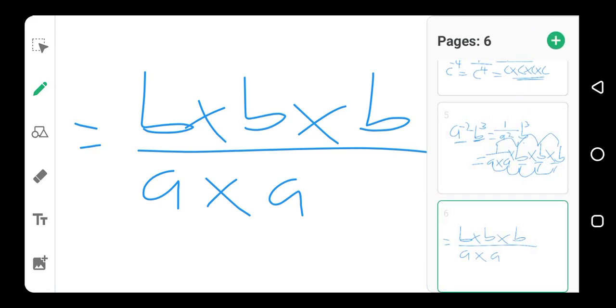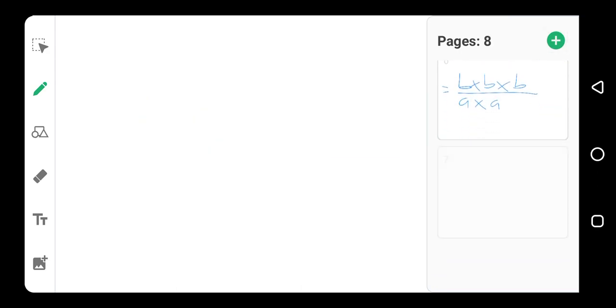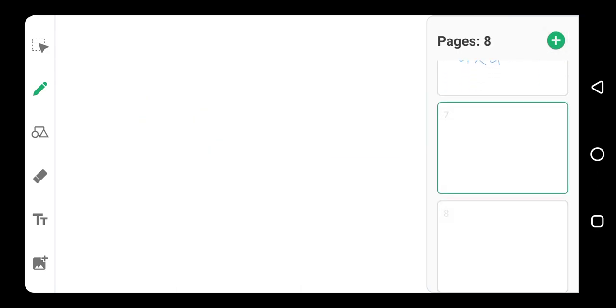Now let's look at another example. If we have d raised to power minus 3 times b raised to power minus 3, a raised to power 2.